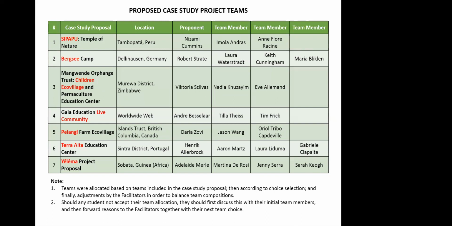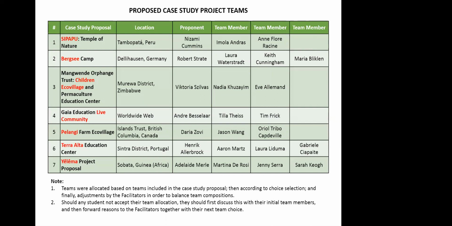So I hope that all the students are happy with this allocation of teams. But should you have an issue with it and you're not happy, then first try and discuss it with your relevant team. Approach the case study proponent, and then forward us reasons why you don't want to be in that team, and what is your next best choice.